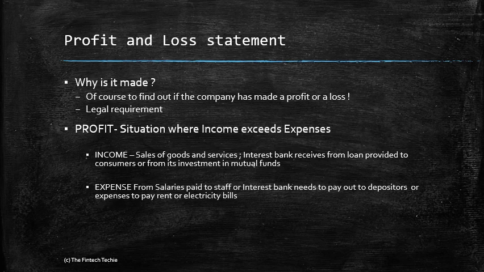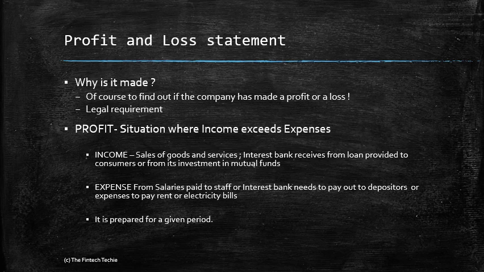Whereas the expense arises out of the salaries which the bank pays to its staff, to pay the rent or electricity bills, or the interest the bank needs to pay to depositors. So in the scenario that the income exceeds the expense, a profit is made.